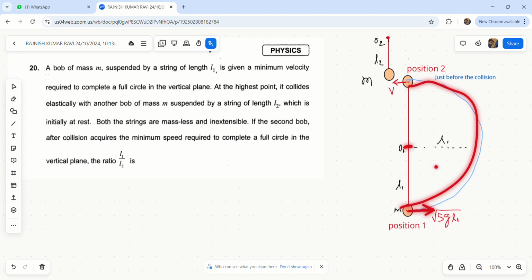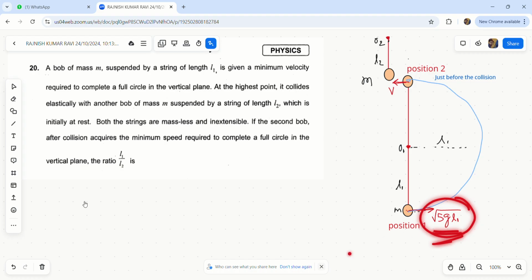We know the minimum speed required to complete vertical circular motion is under root 5gL1, so it is projected horizontally with this much speed.